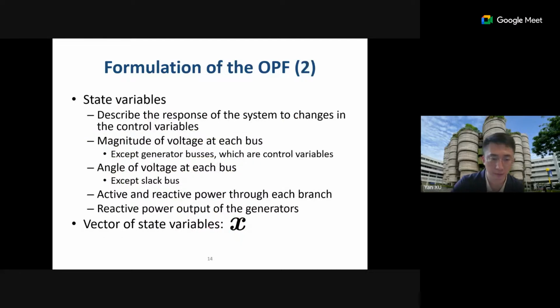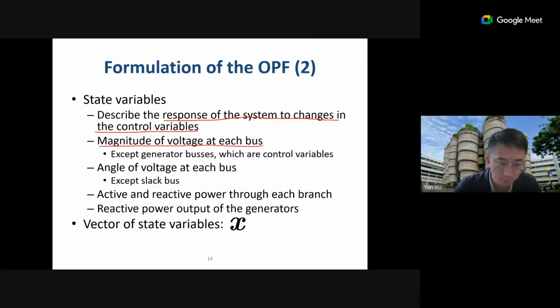Now, state variables. We just went through the mathematical modeling. What will be the state variables for optimal power flow? As I explained before, a state variable is a value that cannot be directly controlled, but it depends on the decision variables. So in the OPF problem, the state variables are the response of the system to changes in control variables, and include the magnitude of the voltage at each bus.